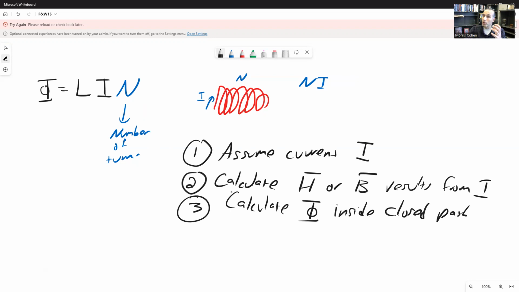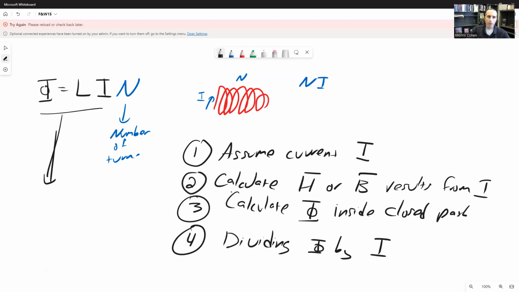So you've got to pick a closed path that has current running through it, and then you calculate the magnetic flux accordingly. And then step 4, you're just dividing phi by I, the current, right? Because we can take this equation right here and rearrange it so that L equals phi over I. So that makes it relatively easy.